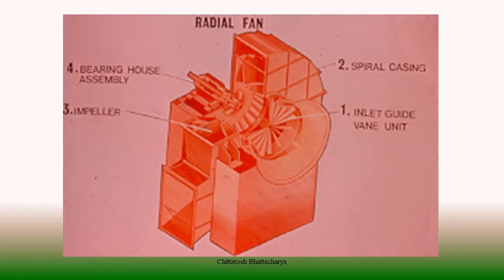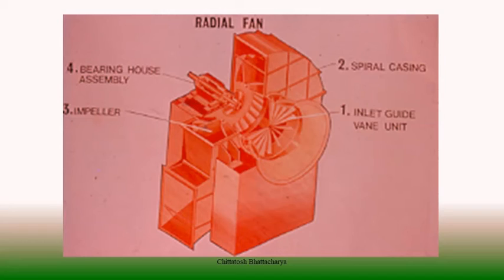In case of radial fans, this impeller is arranged with a shaft. That shaft is supported through the bearing. It may be simply supported from both ends, or maybe a cantilever type of arrangement, one end with double bearing support. So this way radial fans are arranged.